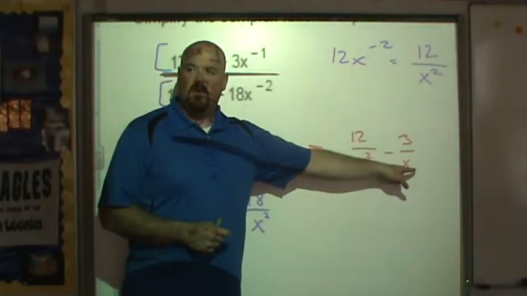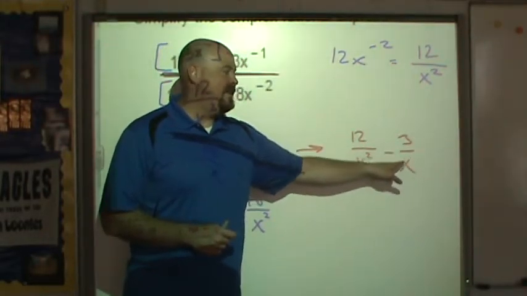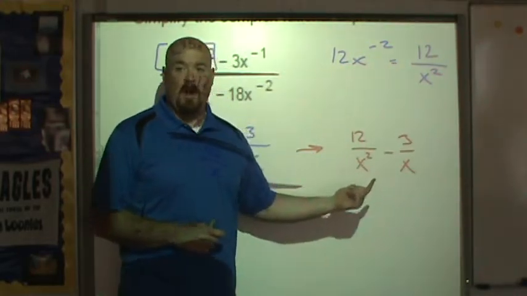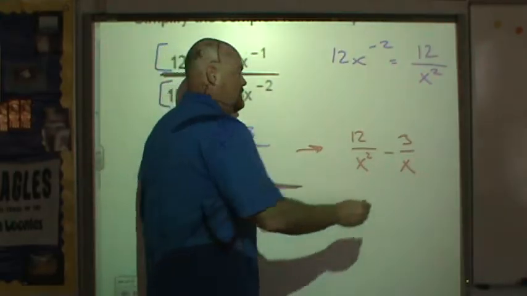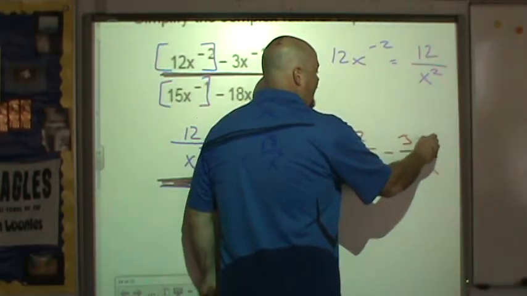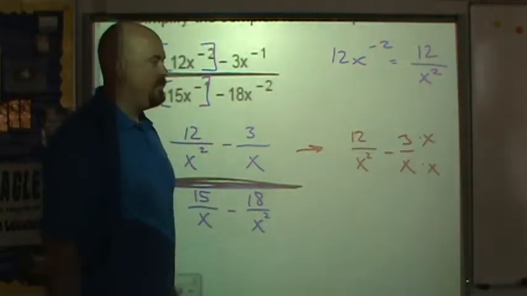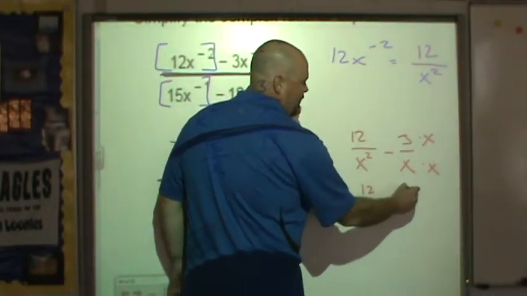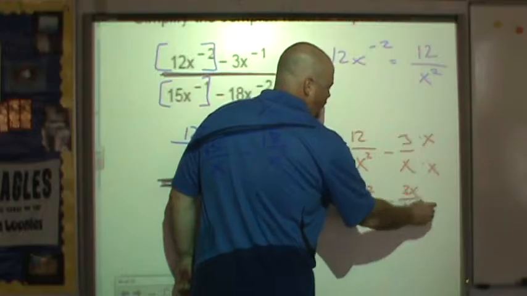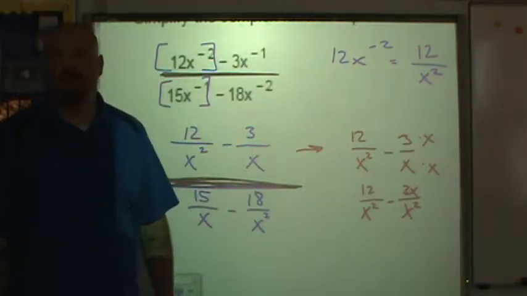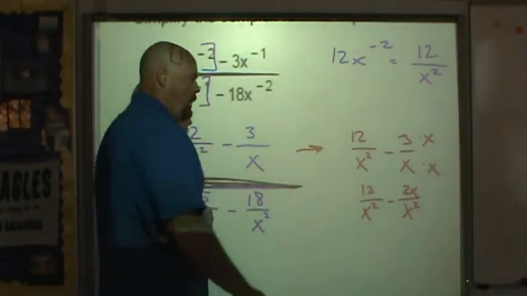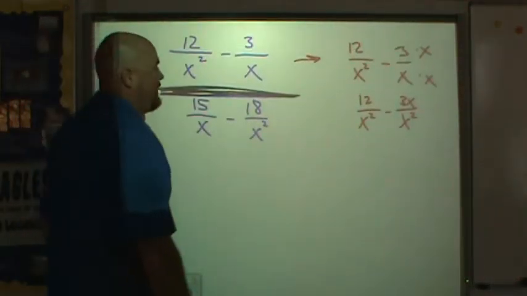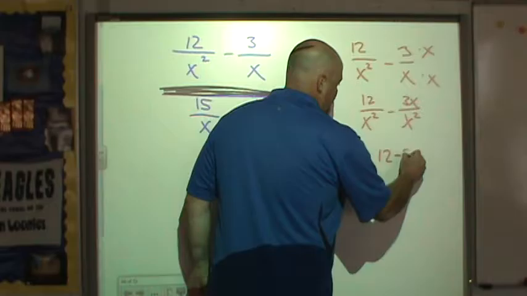In other words, all I have to do is multiply this denominator by x and it'll be x squared. So I'm going to multiply the bottom by x, multiply the top by x. So I have 12 over x squared minus 3x over x squared, and I can write that as one fraction.